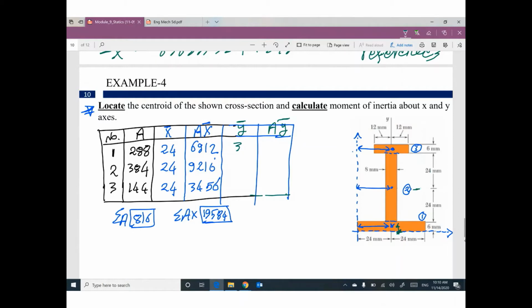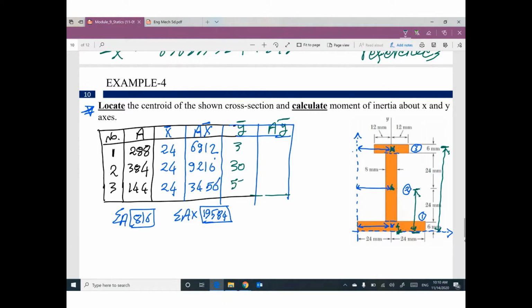What is the vertical distance between the centroid of part number 2 and the horizontal reference? I believe it will be 30 millimeter. What is the vertical distance between the centroid of part number 3 and the horizontal reference? It will be 6 plus 24 plus 24 plus 3, 57.